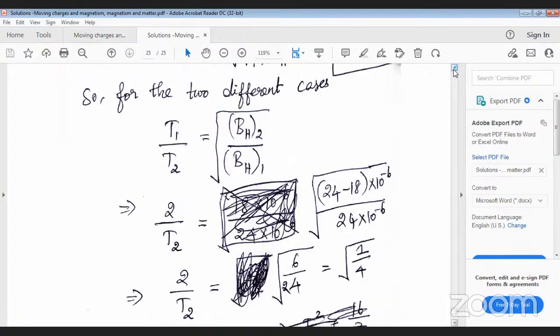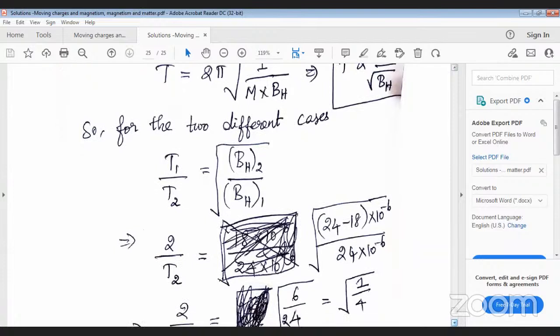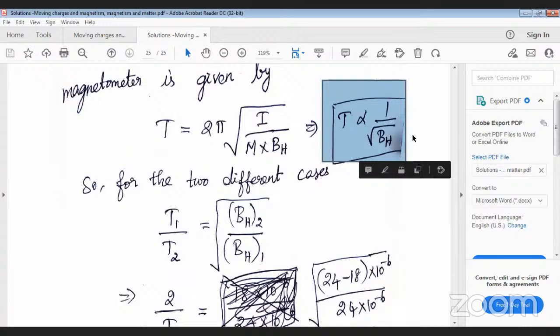So T1 by T2 equal to root of BH2 by BH1.